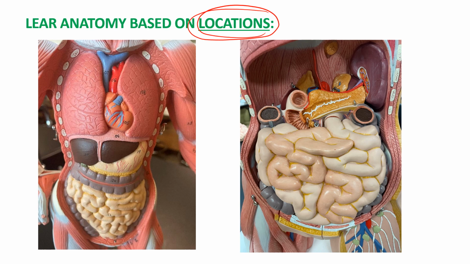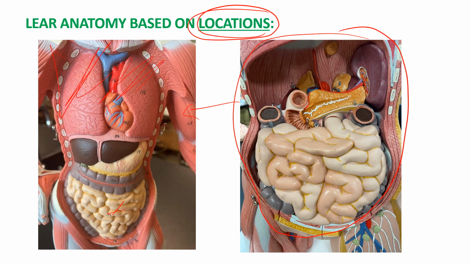All right. First of all, do you think this image is the thoracic cavity or the abdominal cavity? Well, if you just try to look for landmarks, things that are very easy to identify, in this case, the intestines are very easy. So we know that this is the abdominal cavity.